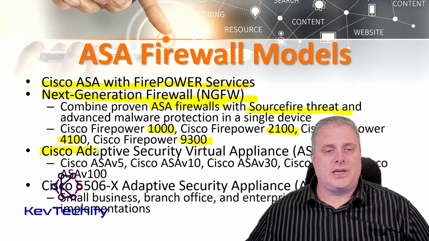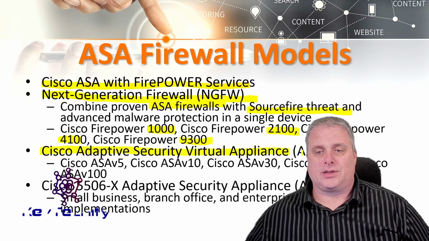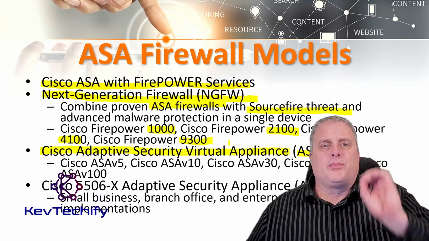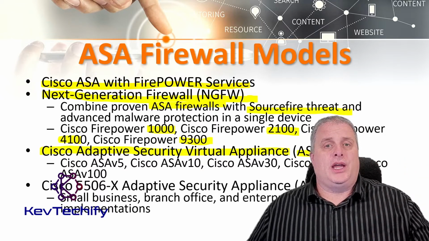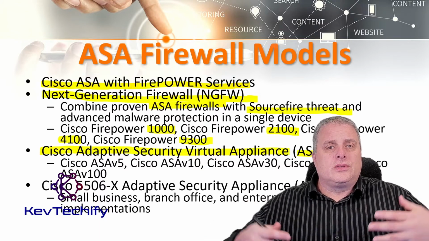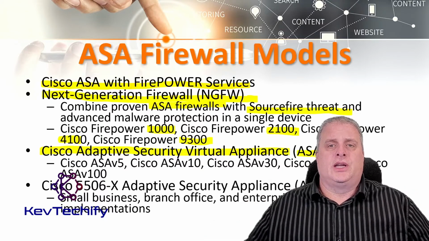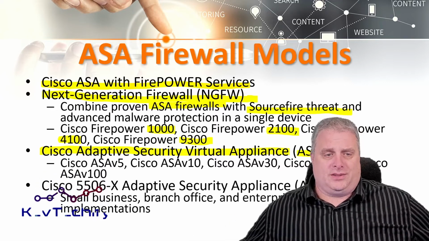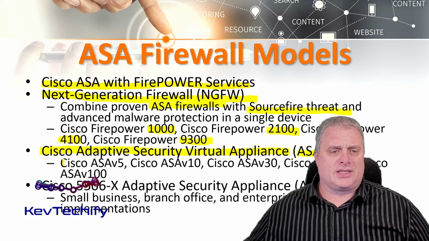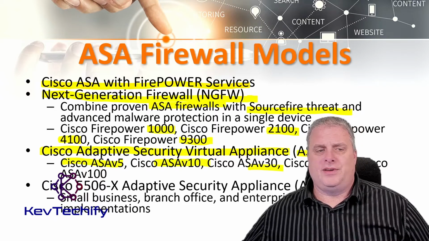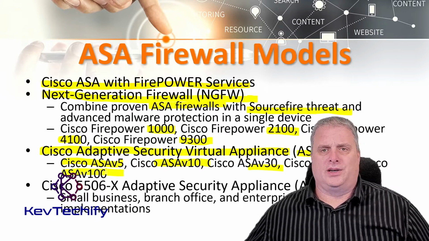Now, the Cisco Adaptive Security Virtual Appliance, also known as the ASAv, brings the power of the ASA applications to the virtual domain. Now, they provide suitable solutions for customer needs. The Cisco ASAv is available in 5 different models. And so we have the ASAv5, v10, v30, v50, and v100.